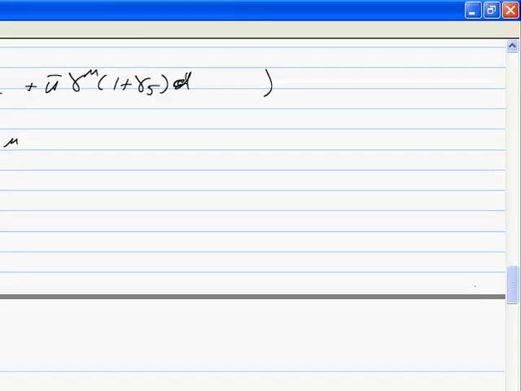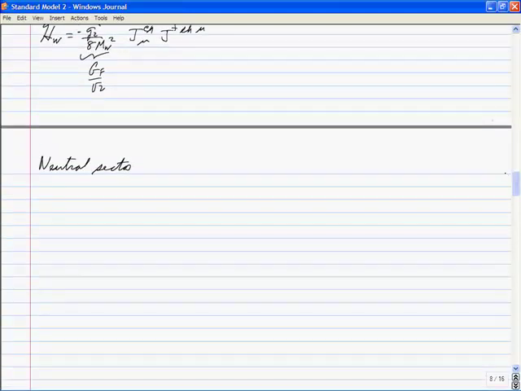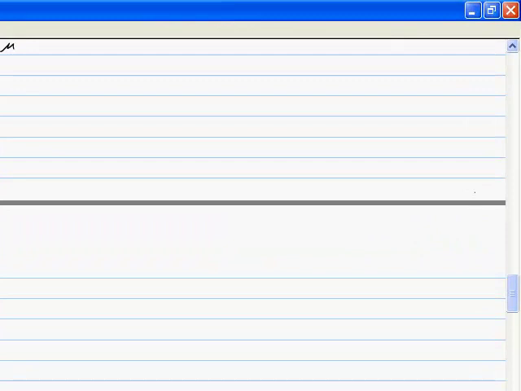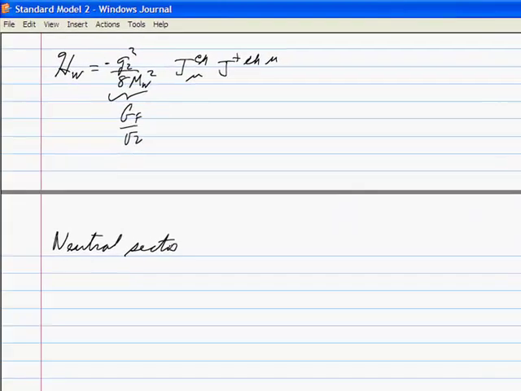The neutral sector is a little more difficult. So you have to write them out. The Lagrangian looks like the following.